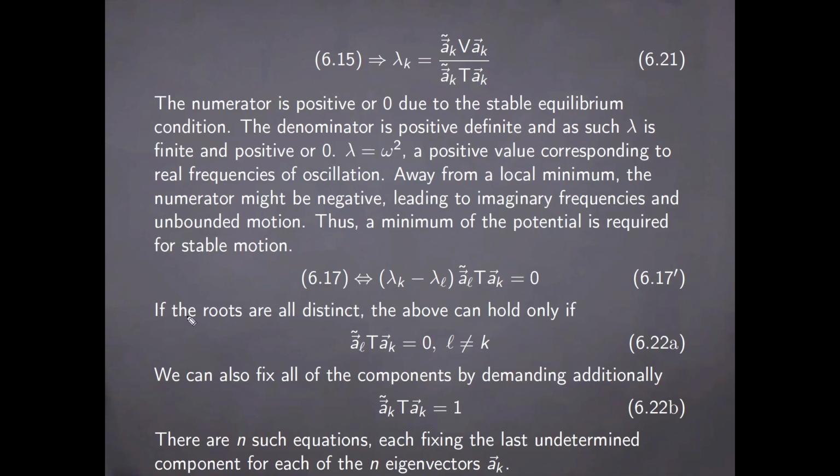And then, in the case where the roots are all distinct, this equation can hold only if the contraction here is 0, in the case where L is different from K. So this is really a kind of orthogonality condition, but it's a bit more abstract than the orthogonality in, let's say, the simple Euclidean space, where we would take this kind of contraction with respect to a trivial metric tensor.